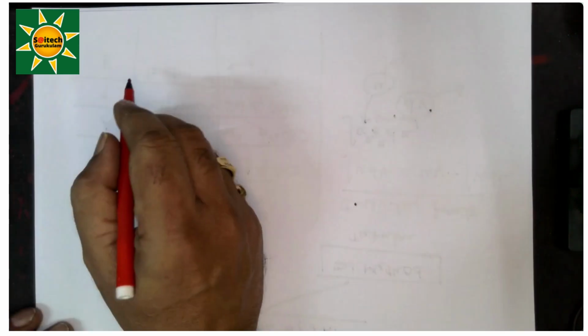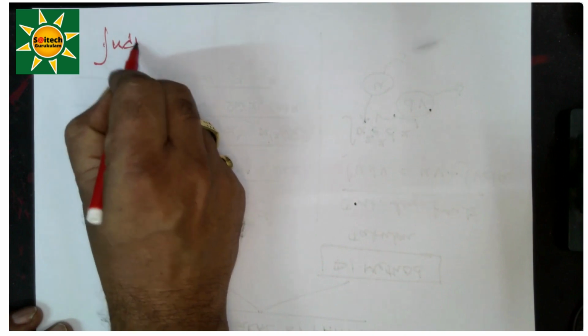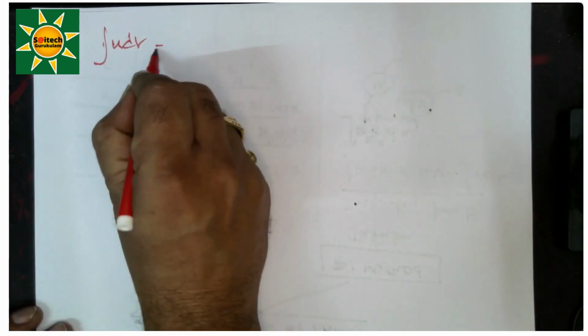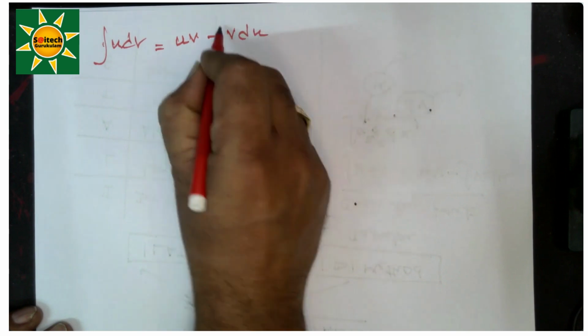DI method, this is nothing but tabular method. Now let me consider integral u dv. So uv minus integral v du. This is the strategy.